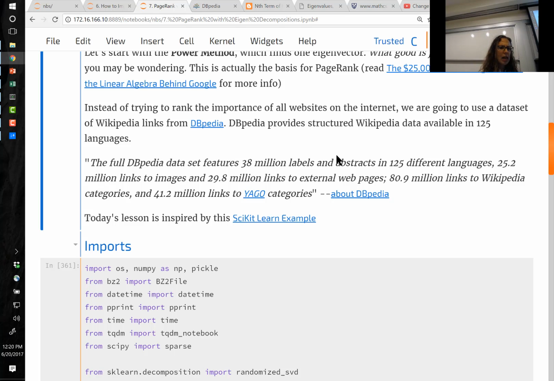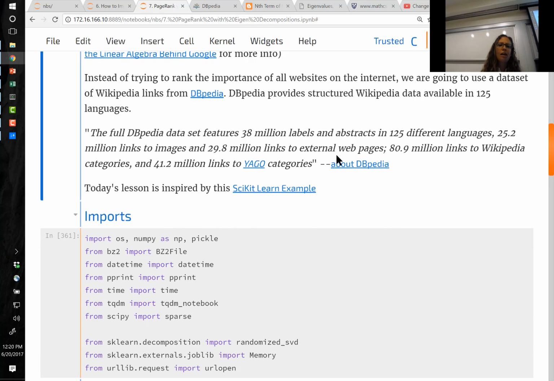What we'll be doing is using this Wikipedia data of what pages are linking to what pages to see what the most important pages are based on links. And I guess the other piece is that you're normalizing: if a page links to 100 other pages, it's less special that they're linking to each of those pages than if a page only links to 2 other pages. Then that carries more weight.